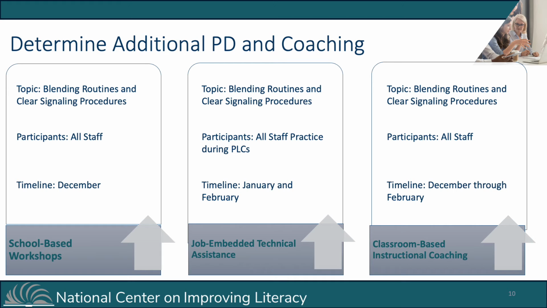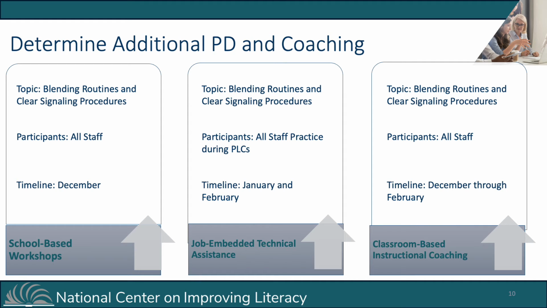So here would be an example. We could do some school-based workshops focused on blending routines and clear signaling procedures. We would have all staff participating, and we might make sure that that's done by December. And then we could plan job-embedded technical assistance, again, focusing on blending routines and clear signaling procedures for all staff members.